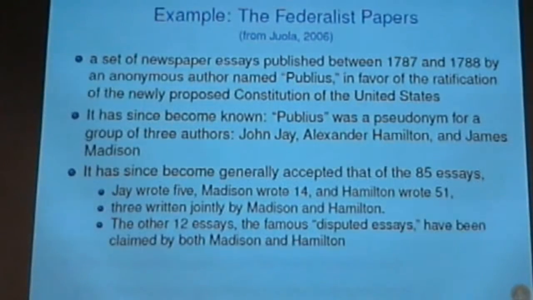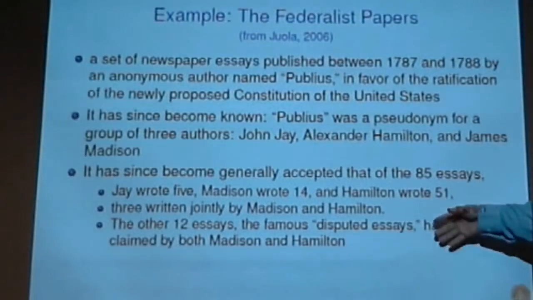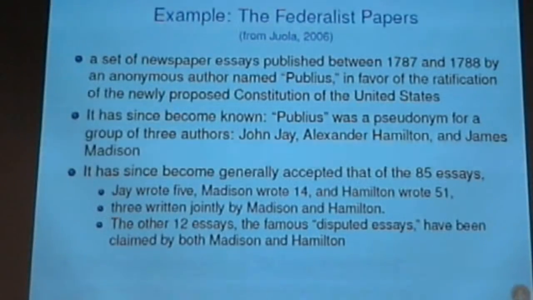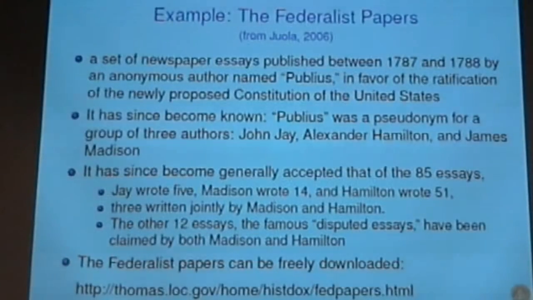And there are disputed essays, so you can probably play with this data set, this text document, and try to do some authorship attribution. Among these, 12 are disputed, so the author is unknown.